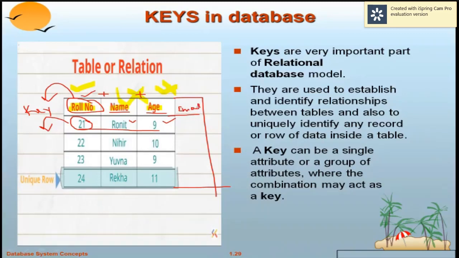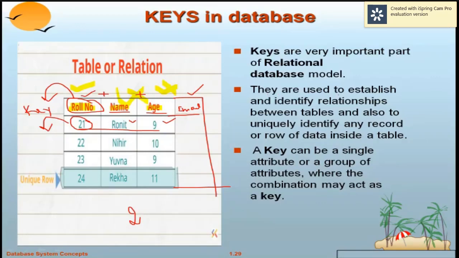Yes, there's no chance of repetition of email ID from one individual to another. So even the email ID is going to act as a unique value. If I consider email ID also for this table, I can say I have two keys for the student table.